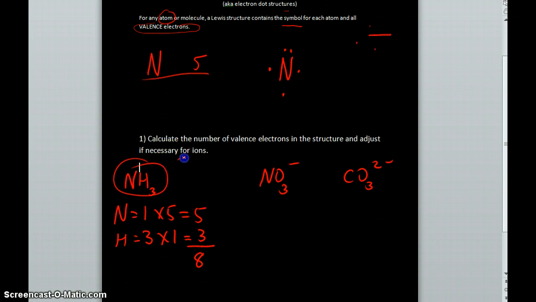Now, if you have an ion, because we're going to calculate the number of electrons and adjust if it's an ion, nitrogen, again, brings 5 electrons to the structure. Oxygen, all 3 of them, would each bring 6 as a group 6 atom. And lastly, the whole group of atoms is an anion, has a negative charge, because this group of atoms has an additional electron.